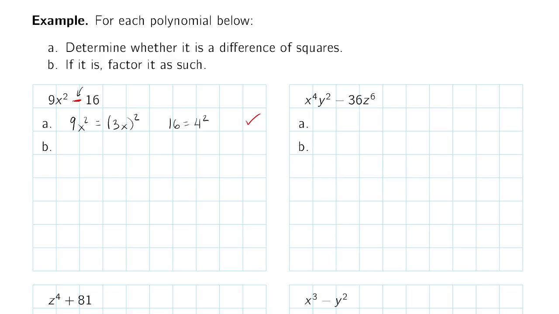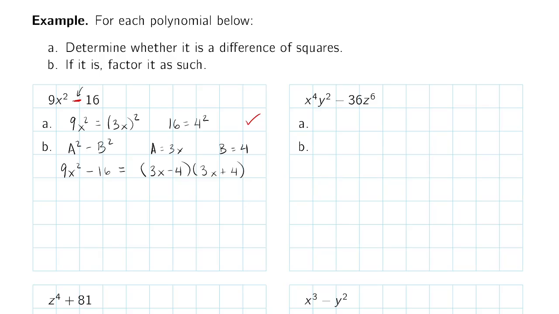So yes, this is a difference of squares. We have a squared minus b squared where a is 3x and b is 4. So 9x squared minus 16 factors as a minus b, so 3x minus 4, times a plus b, 3x plus 4.